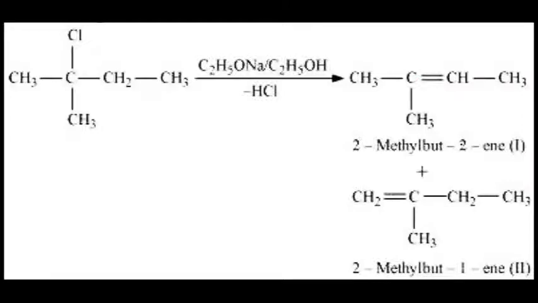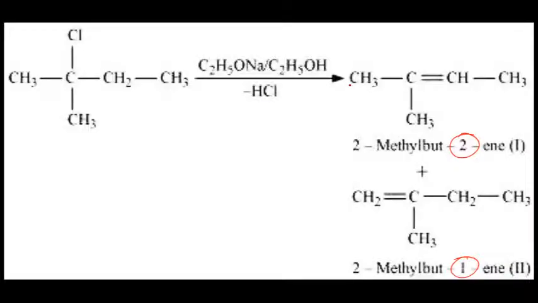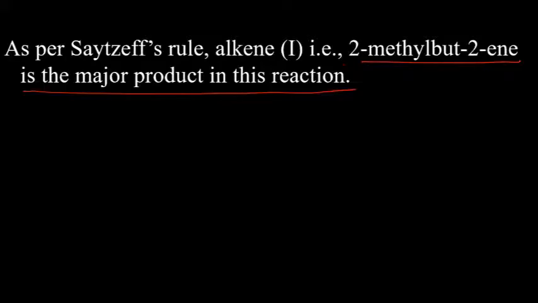That's why it is but-2-ene and but-1-ene. So as per Zaitsev's rule, alkene 1, that is 2-methylbutene, is the major product in this reaction, because it has three alkyl groups attached to the doubly bonded carbon as compared to two.